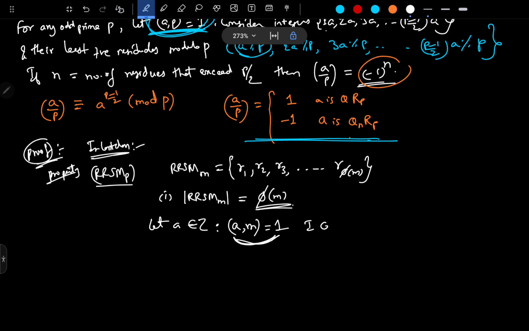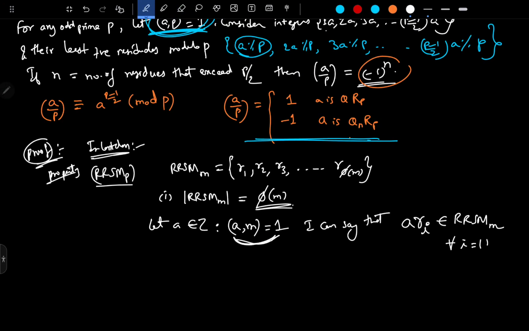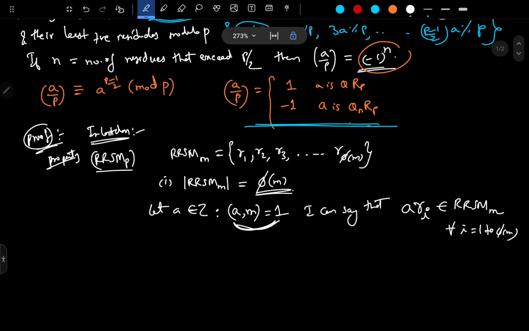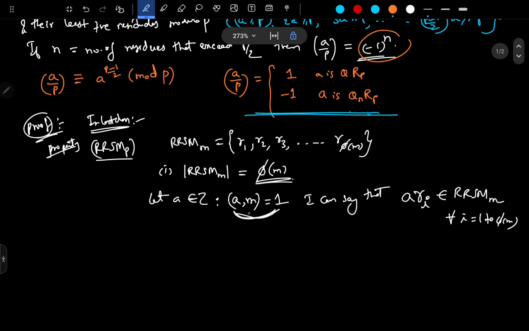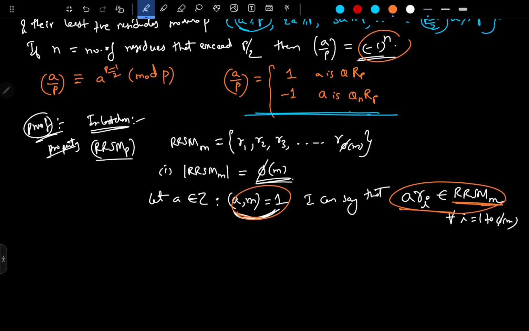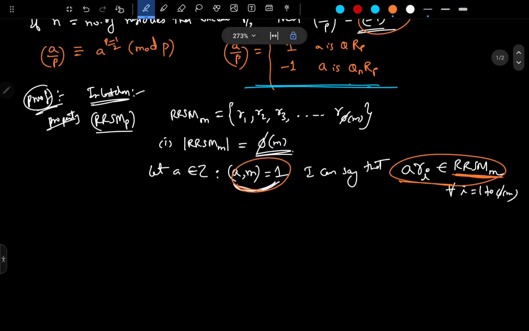Then I can say that a into r1, or a into ri, belongs to RRSM m for all i from 1 to phi of m. So take an integer such that the GCD is 1. If I multiply, it will always belong to RRSM m. That's the property.